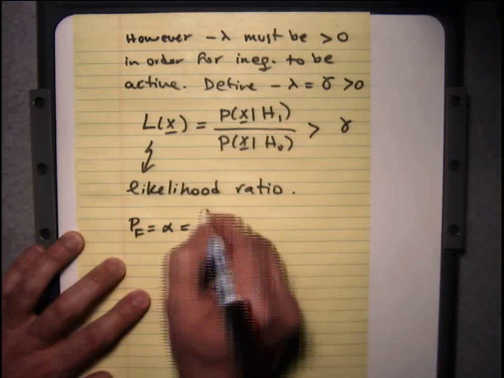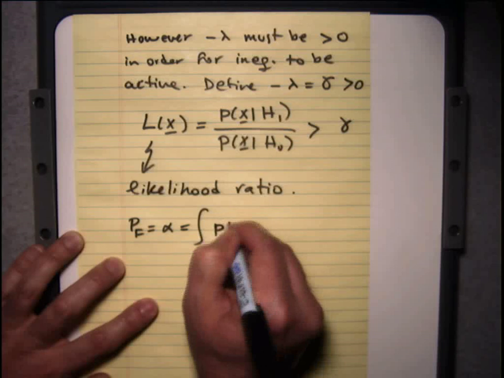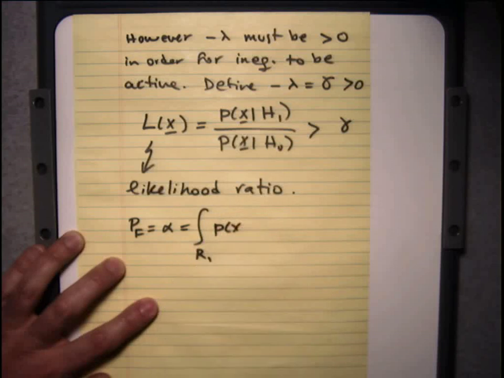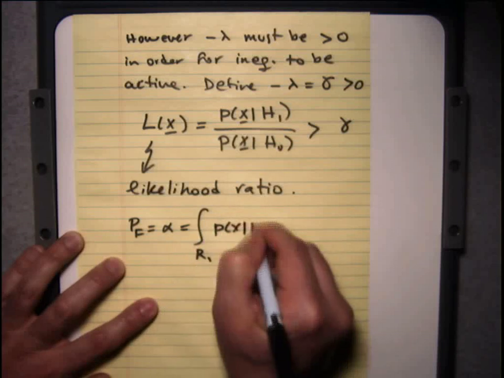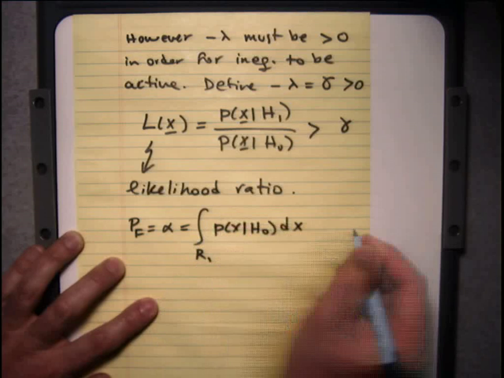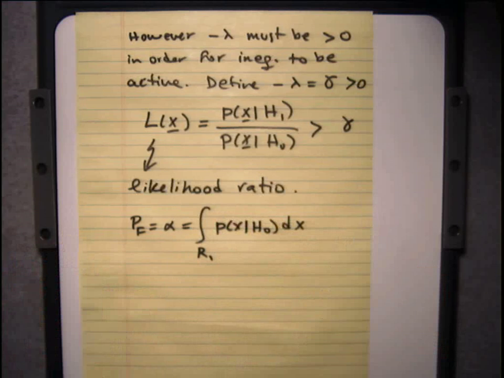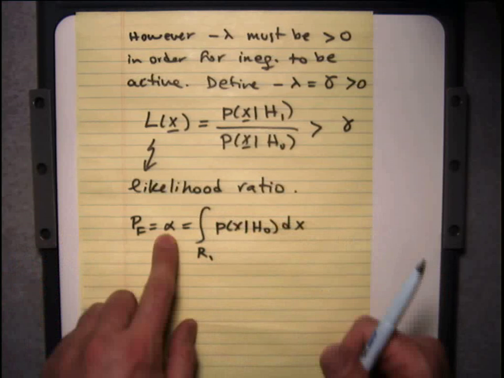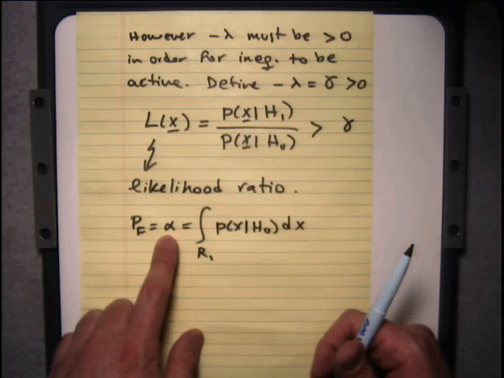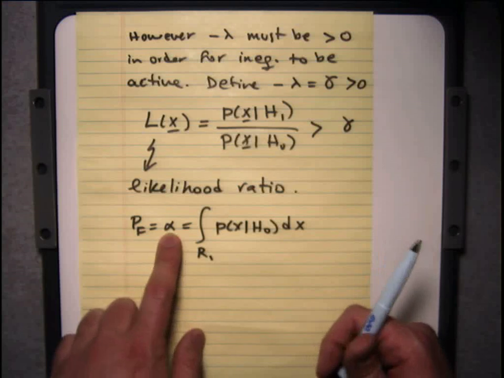And this is going to be the integral of p(x|H1) dx for R1, p(x|H0) dx. So the way this whole thing works is you start with an alpha that you know.